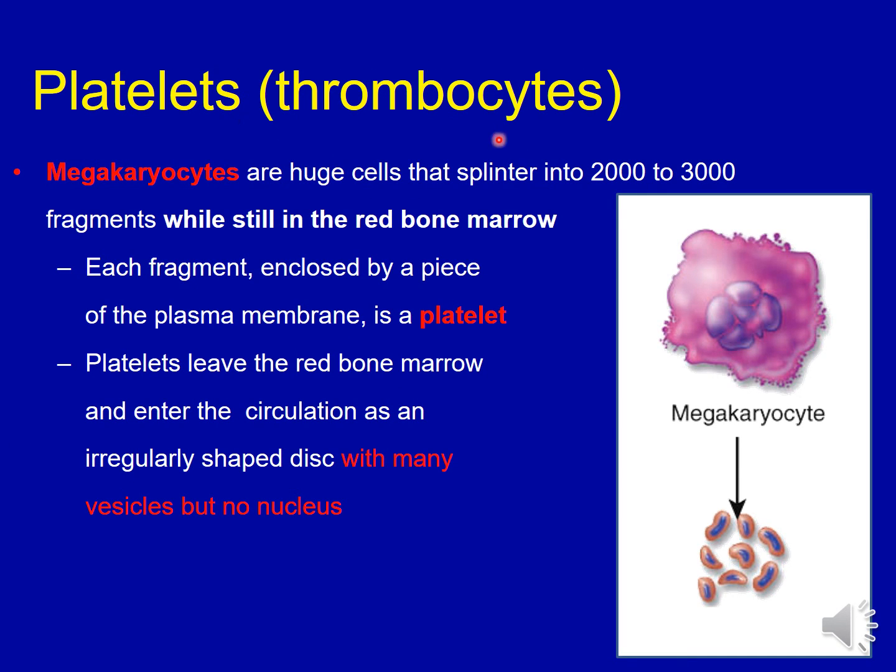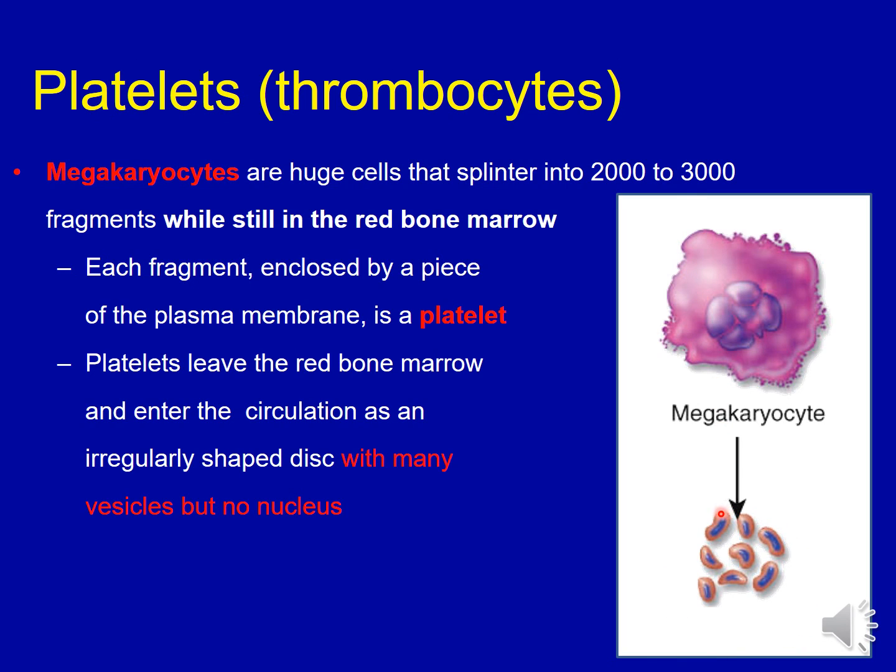Platelets or thrombocytes. Platelets are derived from megakaryocyte. This is the mother cell of the platelets, usually in the red bone marrow, which is located in the flat bones. It gives us about 2000 to 3000 platelets. These 2000 or 3000 platelets are derived from one megakaryocyte. They leave the red bone marrow and enter the peripheral circulation.